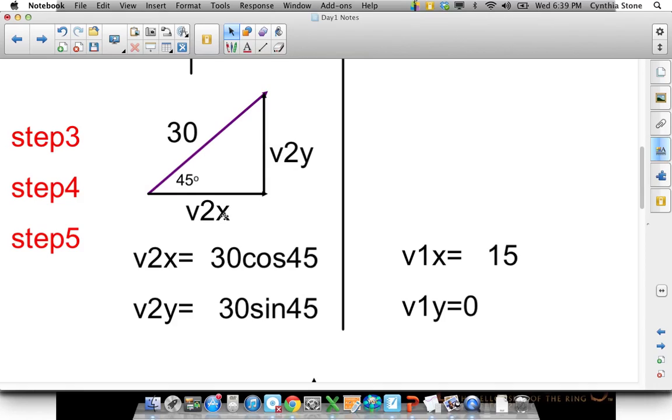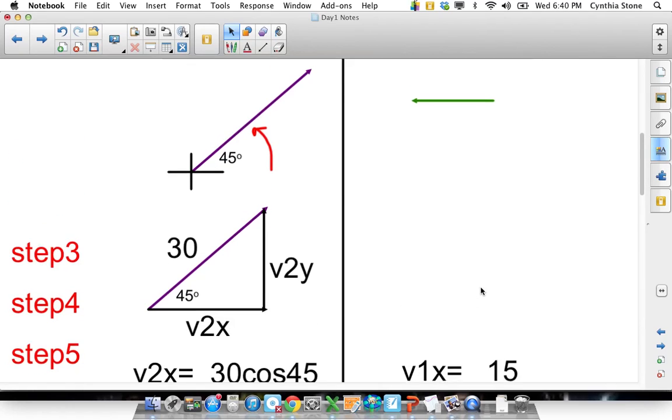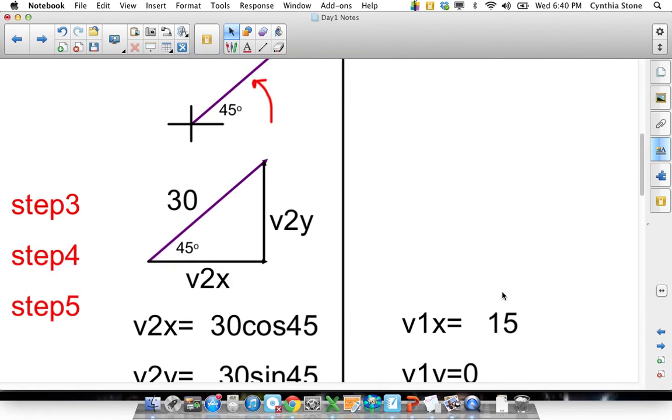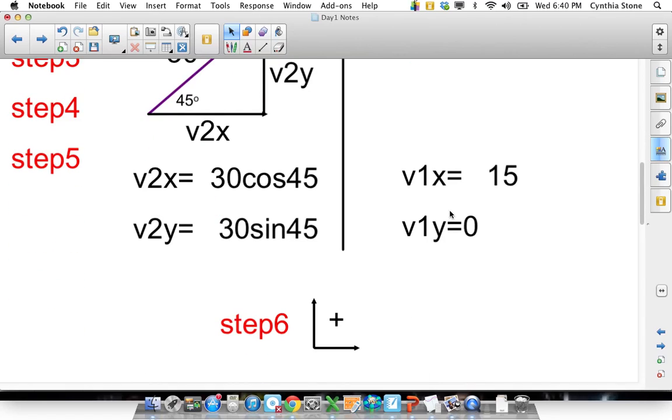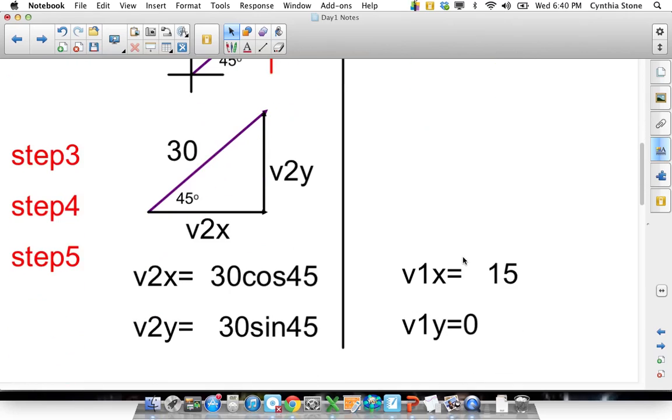Okay, x is touching the angle, so it's cosine, y is opposite the angle, so it's sine. Okay, and on the v1 side, it's just the horizontal vector, so v1x is 15, and v1y is 0. There is no y component to that, right?